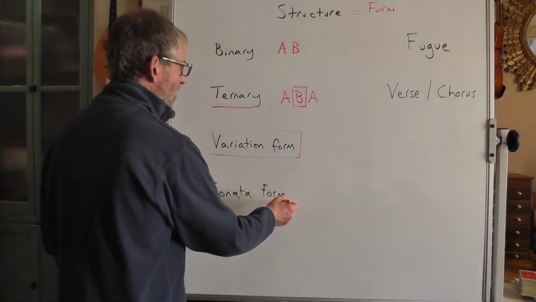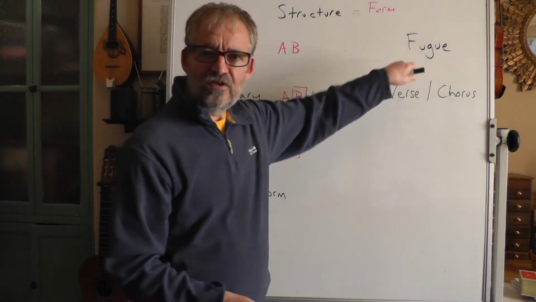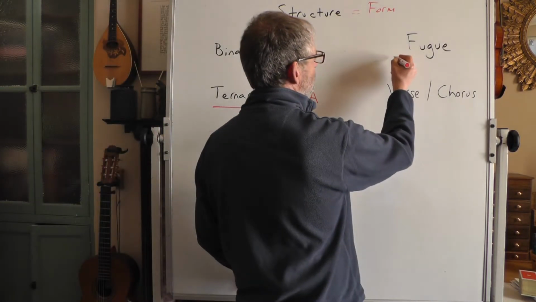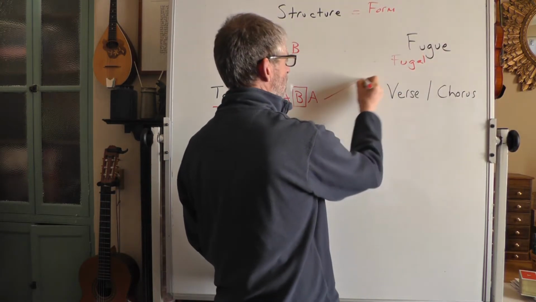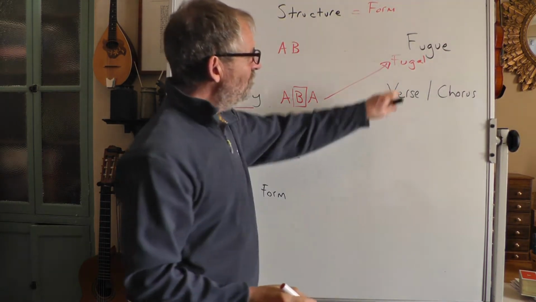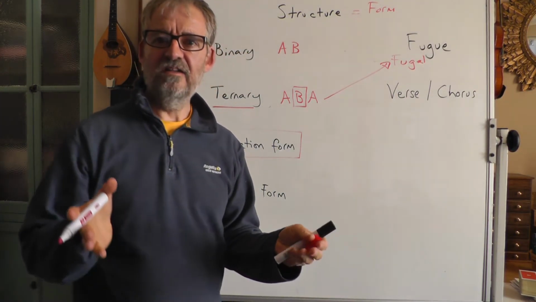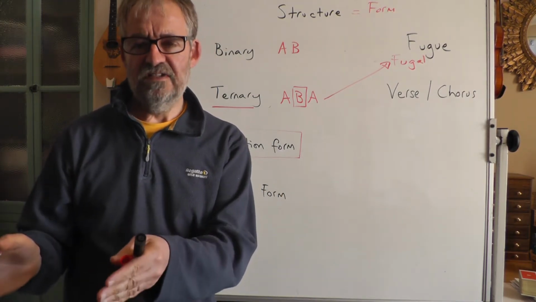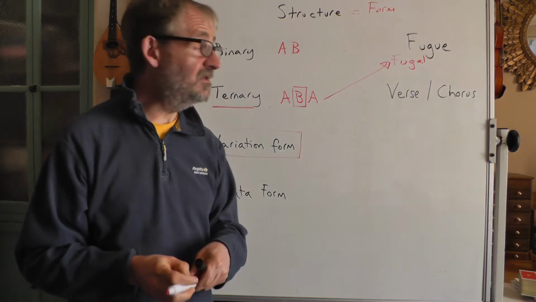So sonata form is a complex set of rules. Remember fugue? Well, you shouldn't actually. You should remember fugal, because the Bach is also fugal. Well, a fugue is a piece that obeys all of the rules of the specific subject, answer, counter subject, and then the way those things carry on interacting for the rest of the piece.